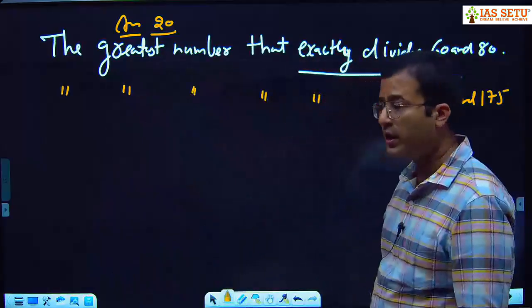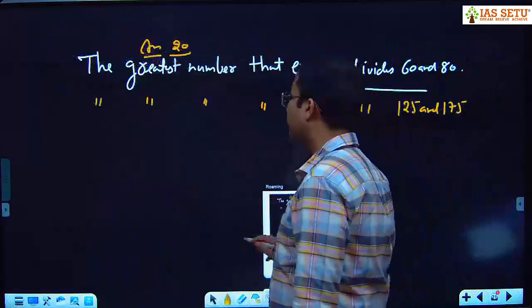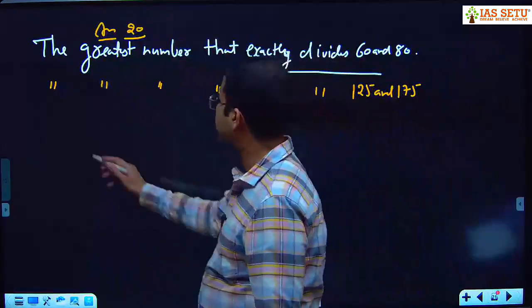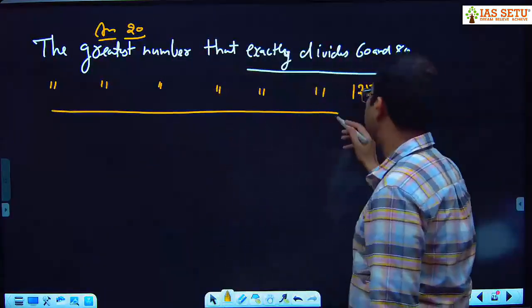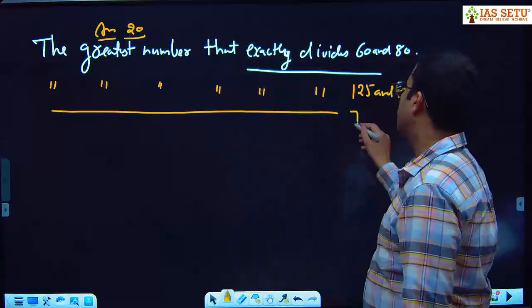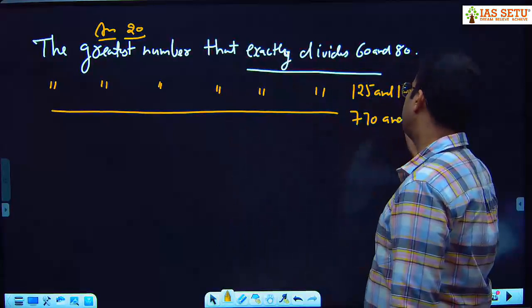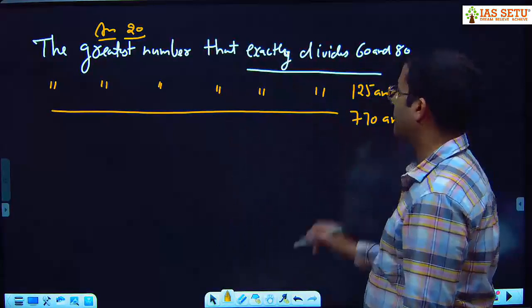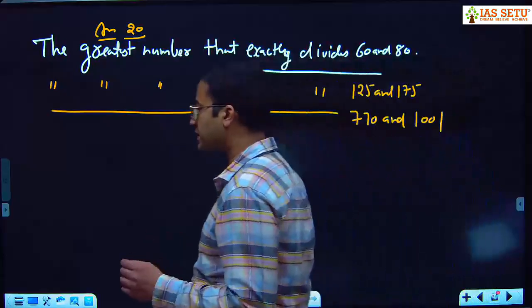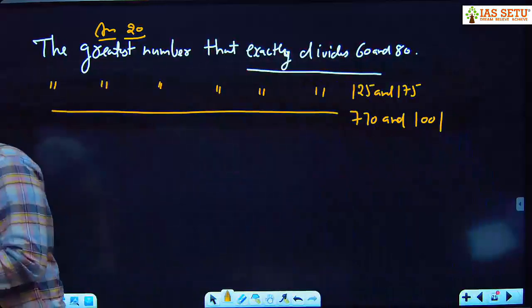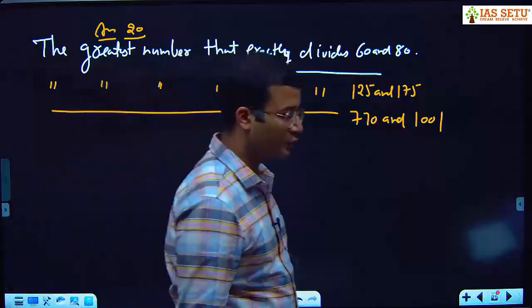Now you try. I ask you some other question. Greatest number that exactly divides 770 and 1001. It means you have to find what is the HCF of 770 and 1001. Try this question.